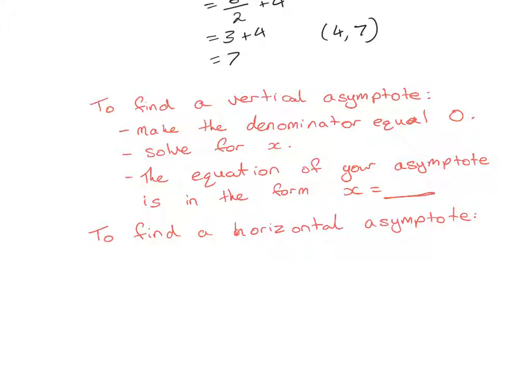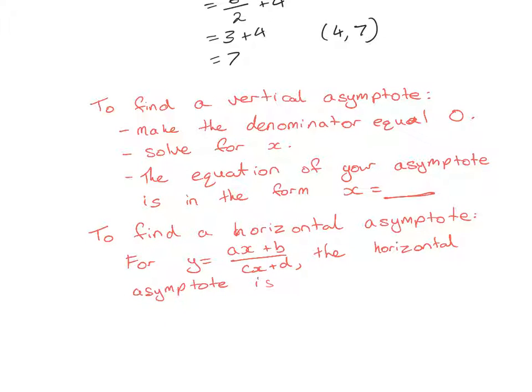So for y equals ax plus b over cx plus d, the horizontal asymptote is y equals a on c, or in other words, the coefficients of x on the numerator and denominator.